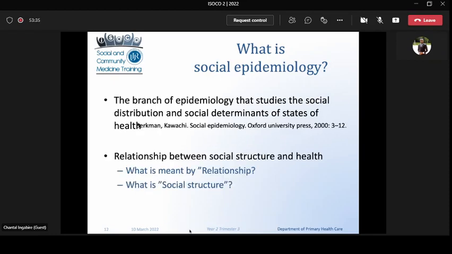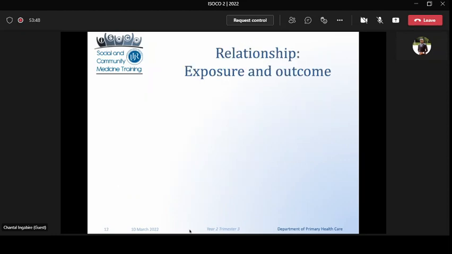Indeed, we also need to understand the relationship between the social structure and health when we talk about social epidemiology. And what do we mean by relationship and what is the social structure? When we talk about the relationship, here we are talking about other important concepts. So we are talking about the exposure, but we are also talking about the outcome.